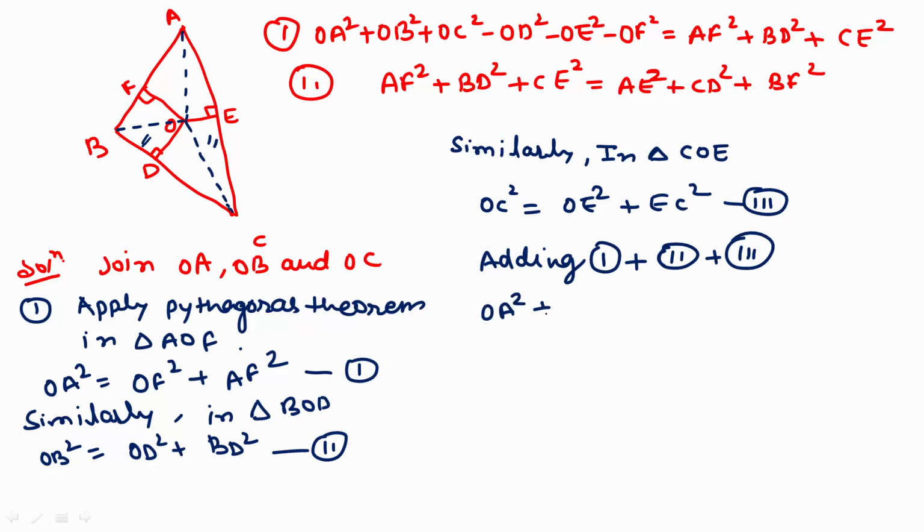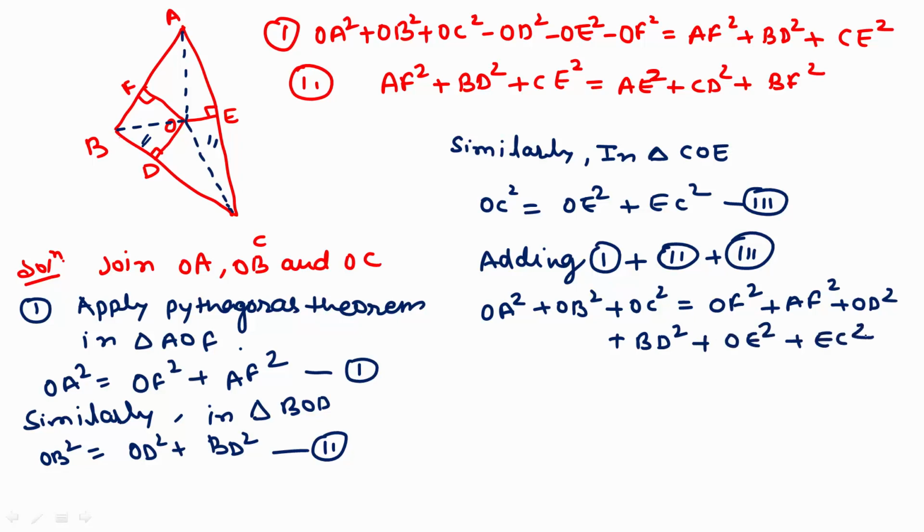OA square plus OB square plus OC square is equal to OF square plus AF square plus OD square plus BD square plus OE square plus EC square.